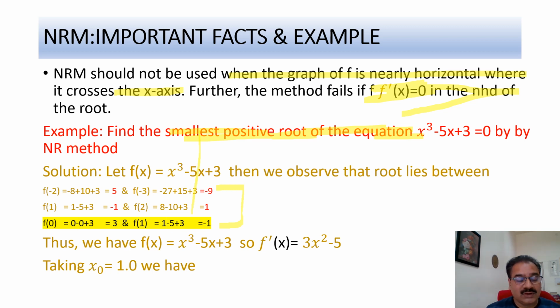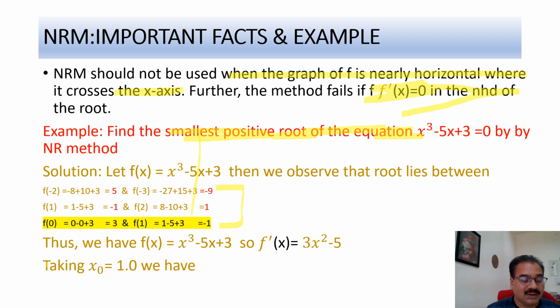Taking x naught is equal to 1. Why have you chosen 1 and not 0? Because you know f(1) is minus 1, which is closer to 0 than f(0), which is 3. 3 is far, but minus 1 is closer. So this is the indication that your actual root is closer to 1, not closer to 3. It may be in between, but much closer to 1.